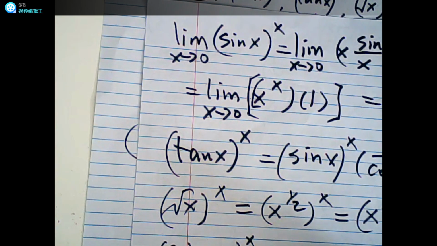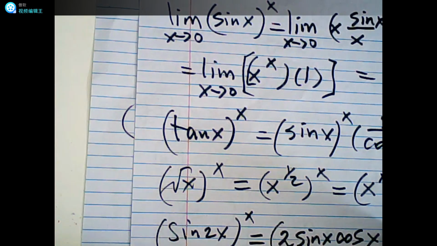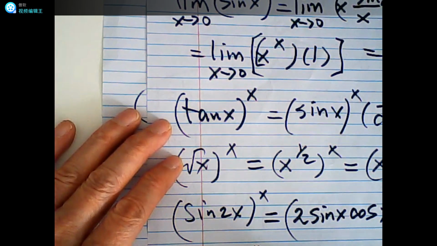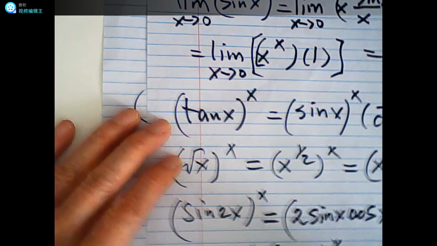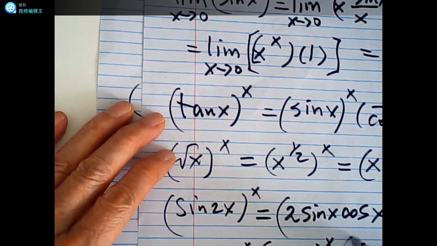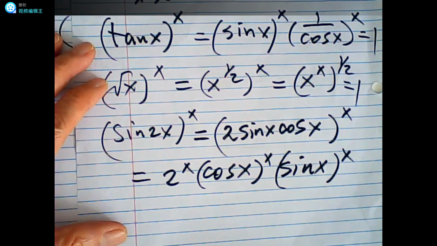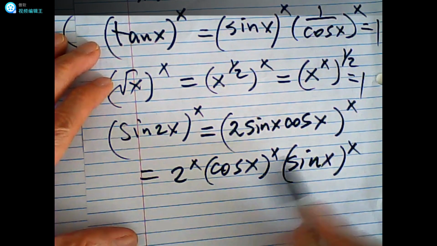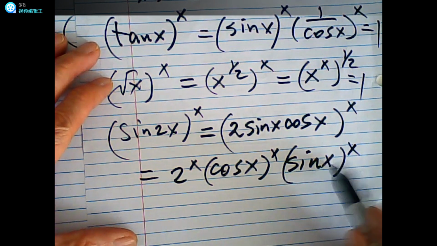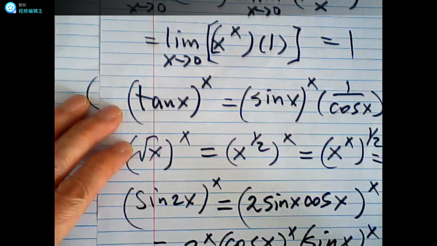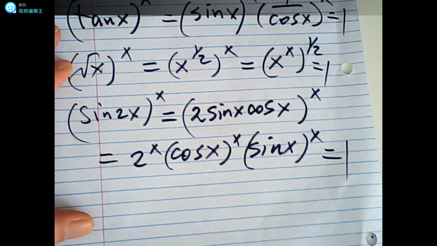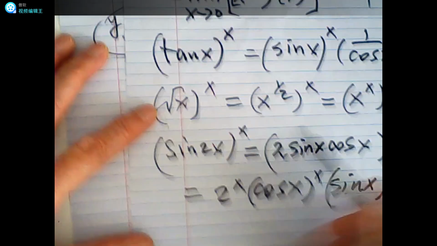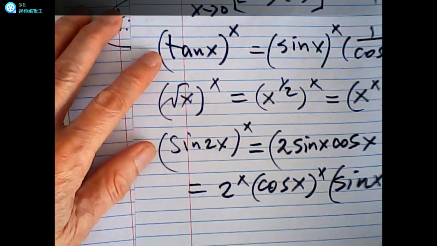Sine x, cosine x to the power of x. This one is equal to 2x, and the cosine x, right? And the sine x. Okay, this goes to 0 is 1. This goes to 0 is 1. This goes to 0 is 1. So this is equal to 1, see? Alright? I don't write the limit because I just want to save time.